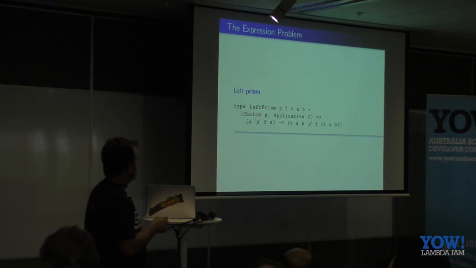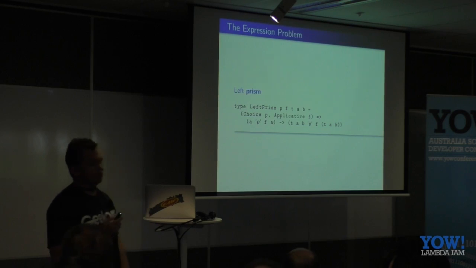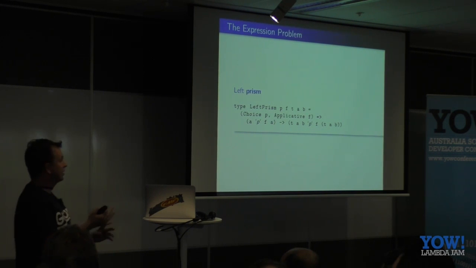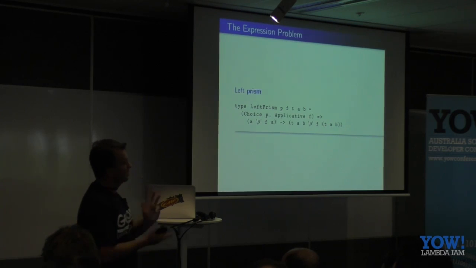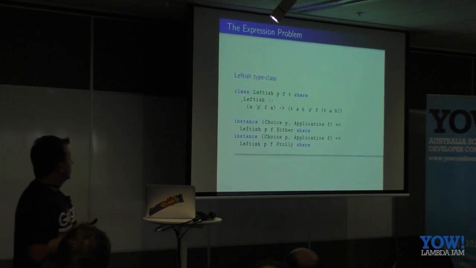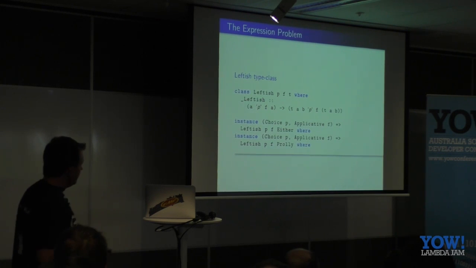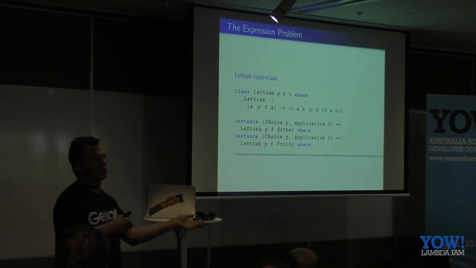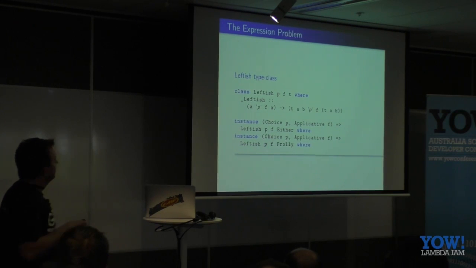So basically, a prism is where we constrain P, the arrow P, by choice. All you need to know is that it's just more general than arrow and identity. Arrow is an instance of choice, and identity is an instance of applicative, as we saw this morning in our keynote. So here is the code for the type class, and that says that we're abstracted on P and F and the type constructor T, where T is the either or probably thing.